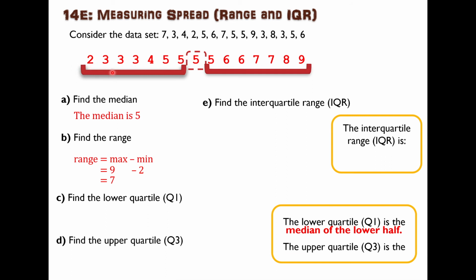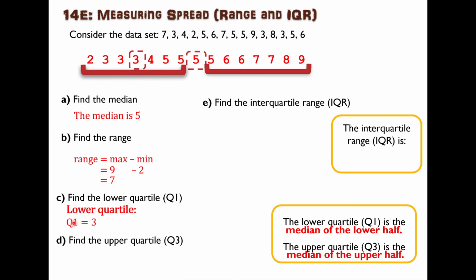And the median is the middle. There are 7 items here, so conveniently there is one item in the middle, which is this one. This number 3 is the median of this lower half. It's the middle item. So the median, or the lower quartile is 3.